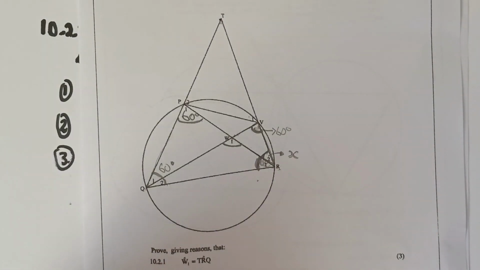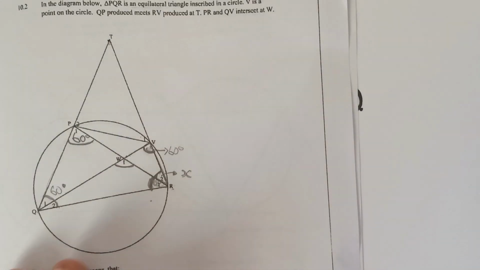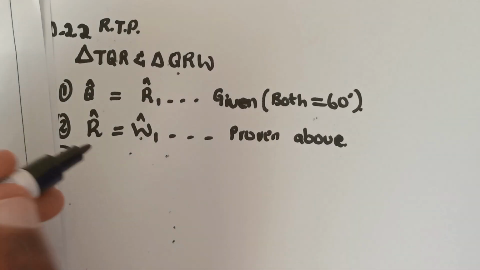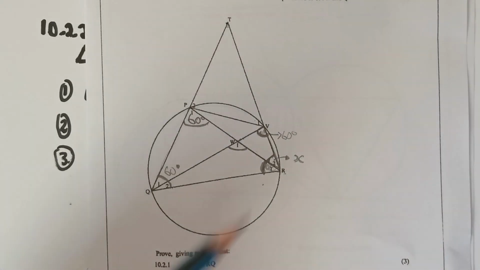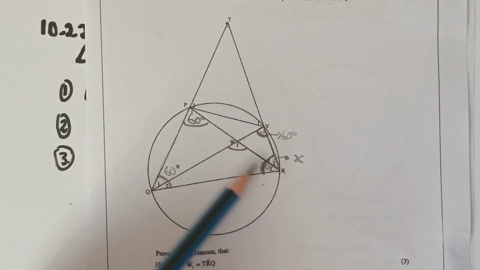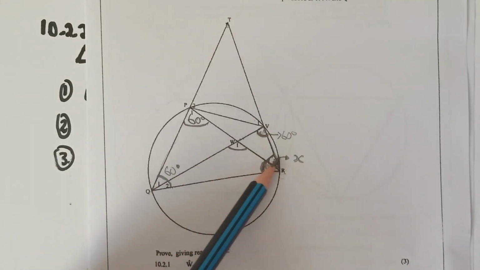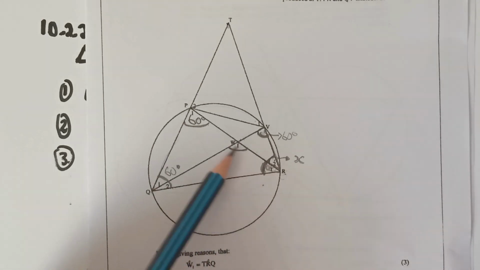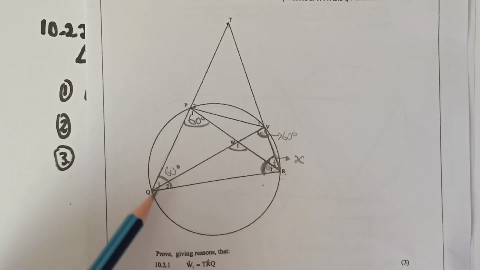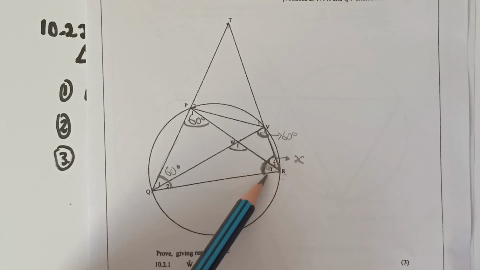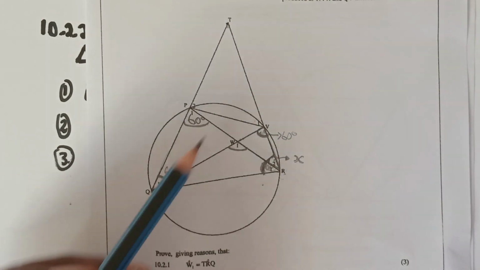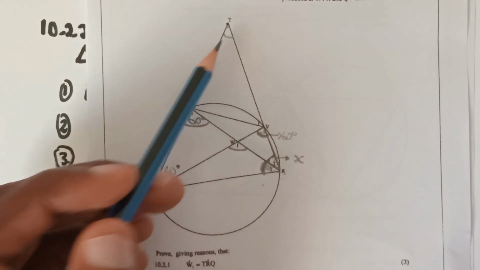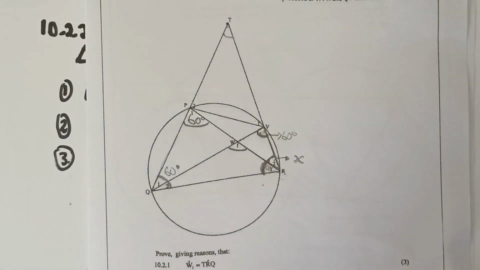I hope we all see that there was no clue, but we know that if this angle big R is equal to this angle, and this angle is equal to this angle, then definitely Q2 is equal to this angle, because it's the third angle of a triangle.